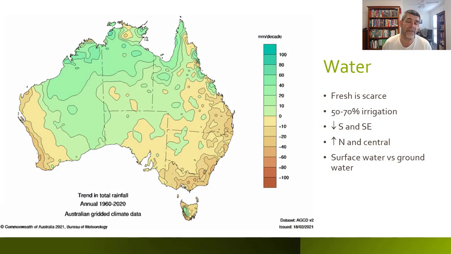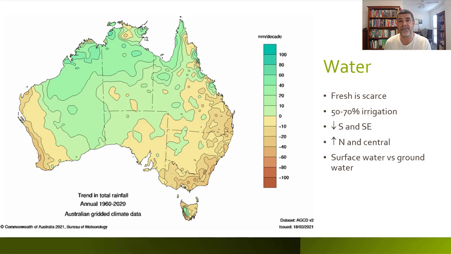When we look at a map of some of the trends that we see in total rainfall over the last 60 odd years, we get a bit of a picture of this variability. Despite the fact that we have limited fresh water, most Australians do have ready access to water and one of the highest per capita usage rates in the world.